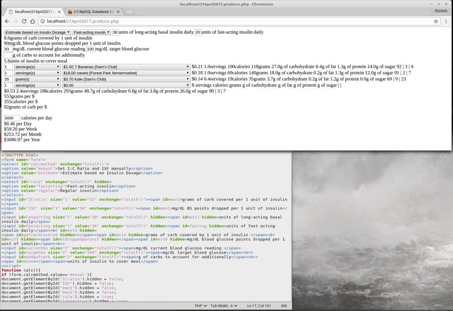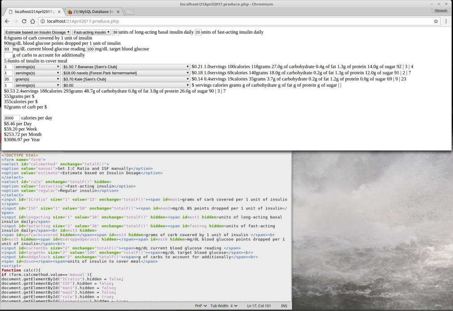So whatever you test, you enter that number here, and then you have a target blood glucose, which, for some people, a good average would be 100 milligrams per deciliter, but some people are targeting lower or higher.